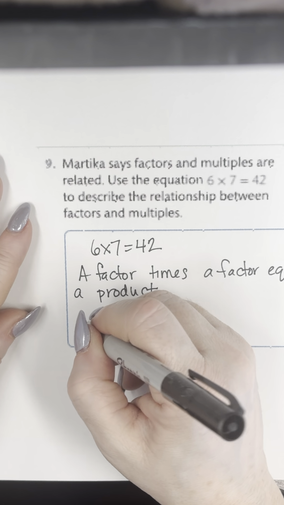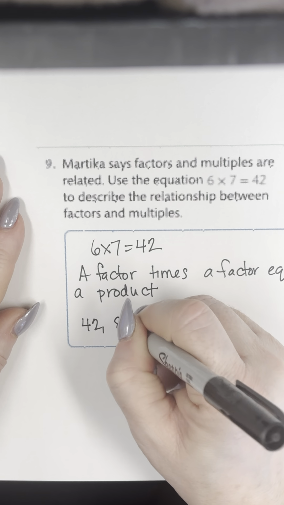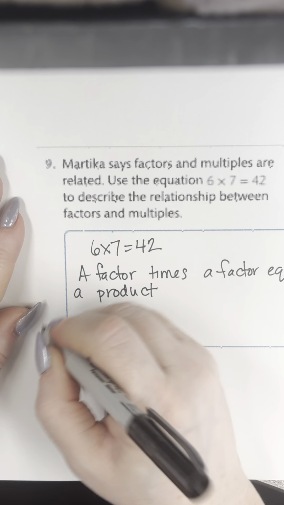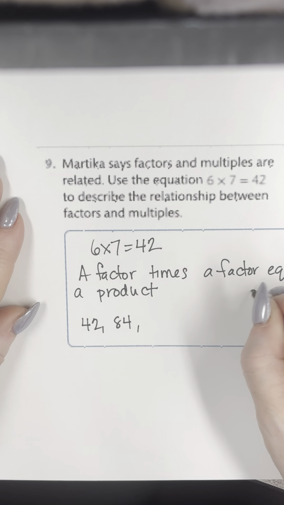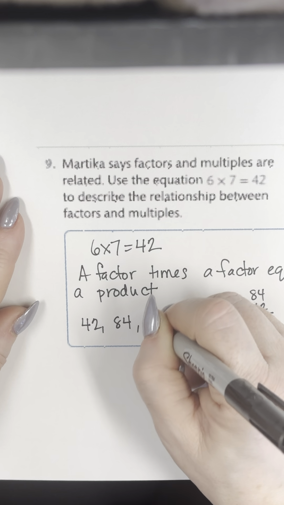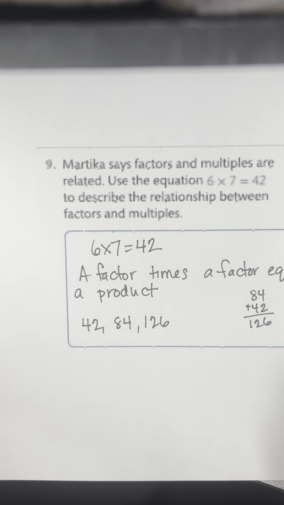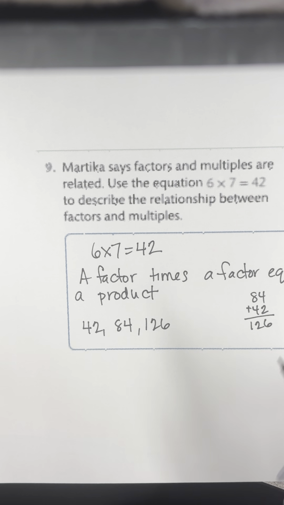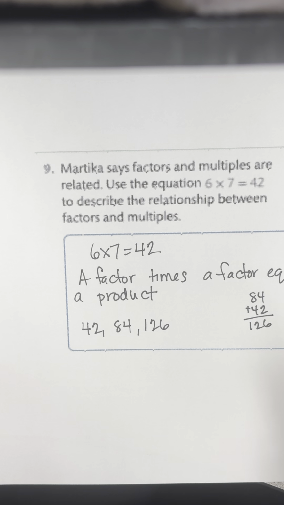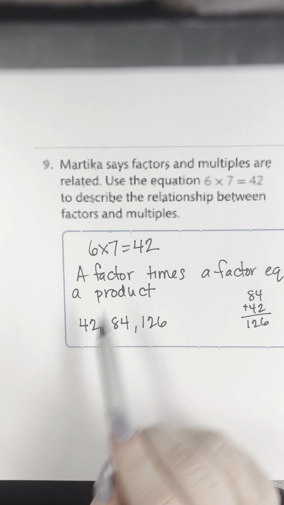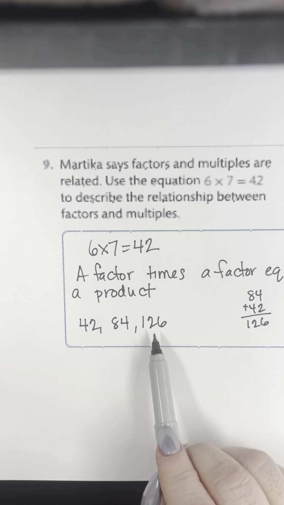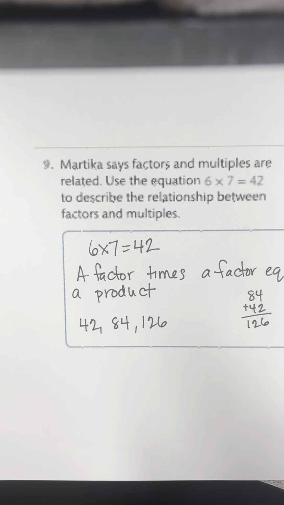So let's do multiples of 42. We have 42, 84, and then, oh, maybe I'm not sure. I'm going to check anyway. Okay, it's 126. So a factor times a factor equals a product, and we know that in order to get a product is a multiple. So 42, 84, 126, you can use these numbers to find these multiples.